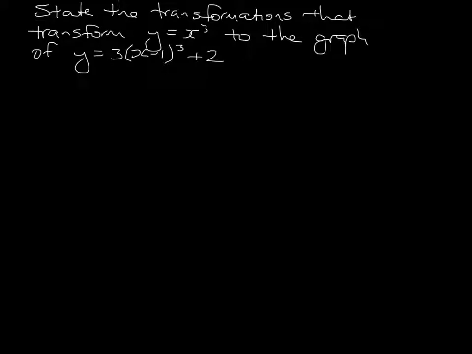State the transformations that transform y equals x cubed to the graph of y equals 3 bracket x take 1 cubed plus 2. So we've got our x cubed component. The transformations that we have is we've got the 3 at the front.